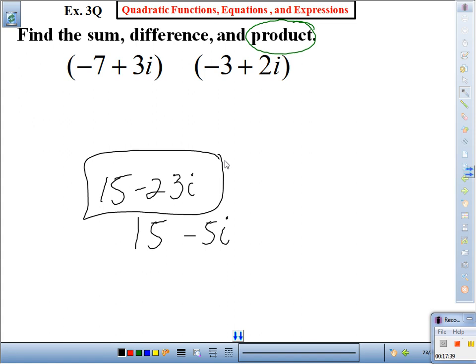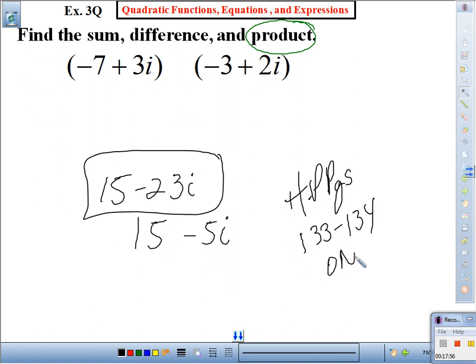Our homework is on pages 133 and 134 only. 15 minus 23i. Let's see. Negative 7 times negative 3, that's 21.